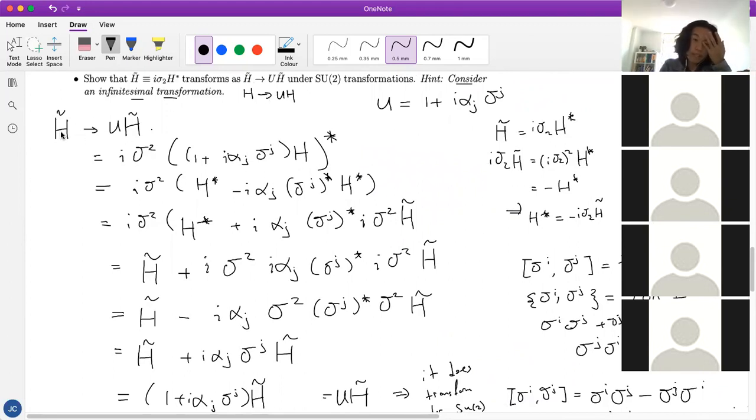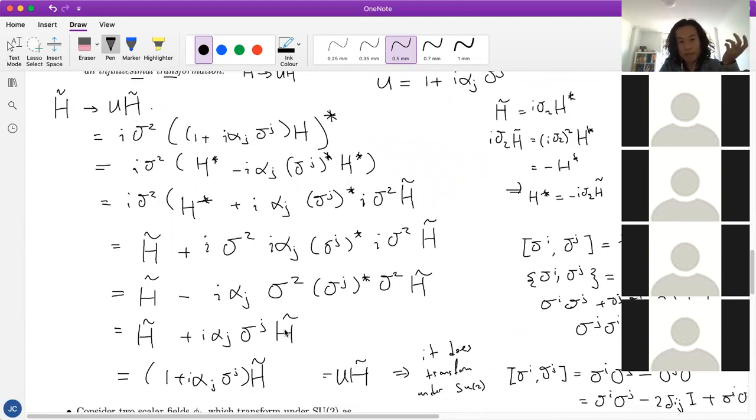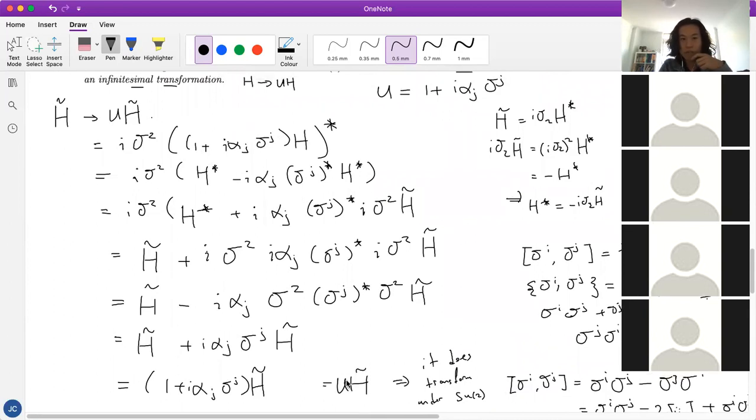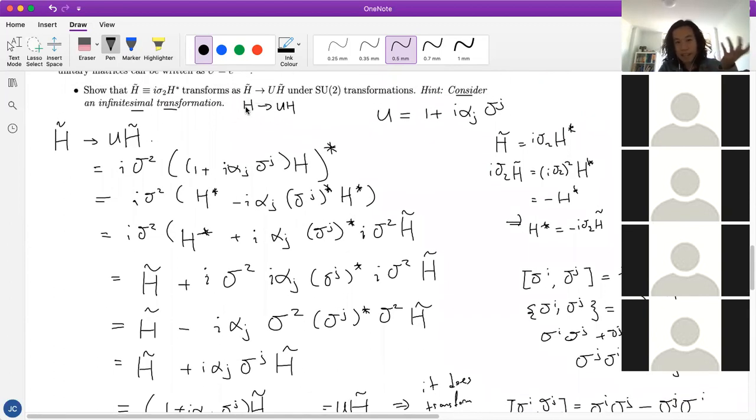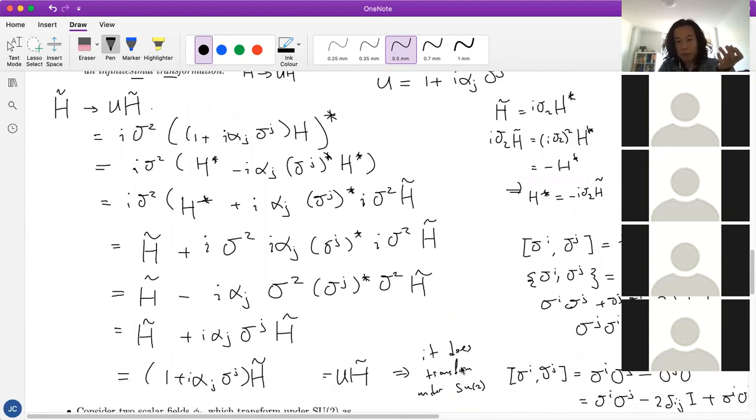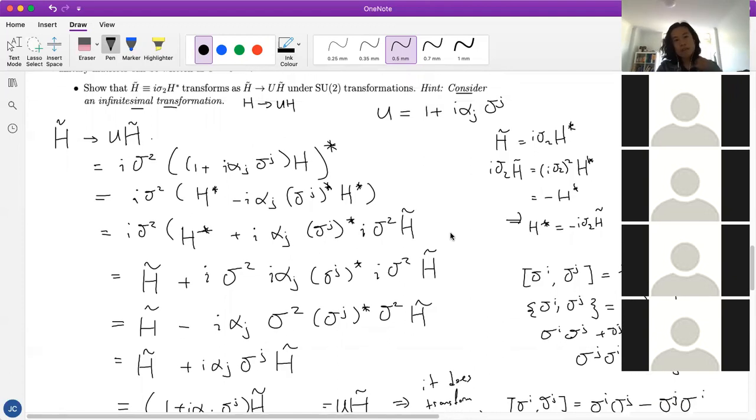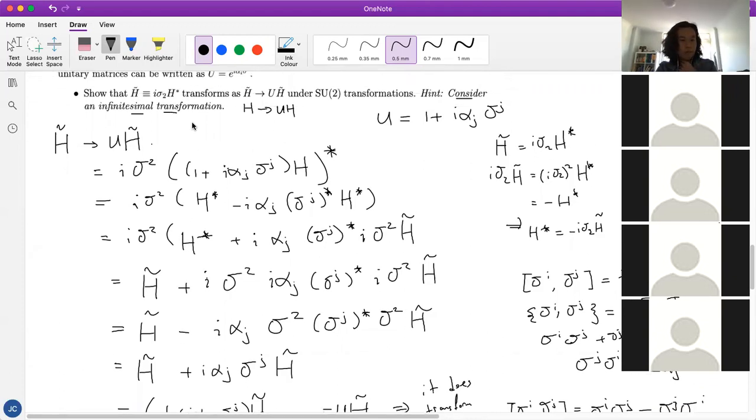Because here what we showed is basically H tilde transforms when we transform H, and then everything comes out to show that H tilde also comes up with this factor of U in front. So it's leveraging the fact that H transforms under SU2 that we make this conclusion that H tilde also transforms under SU2. So it's not the most precise wording, but it gets the point across.